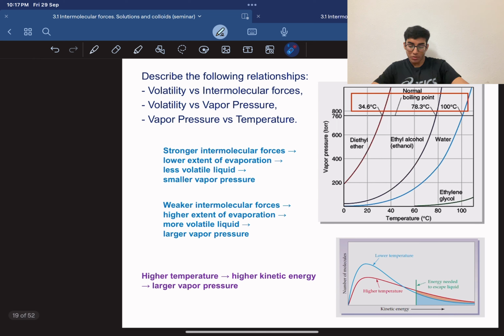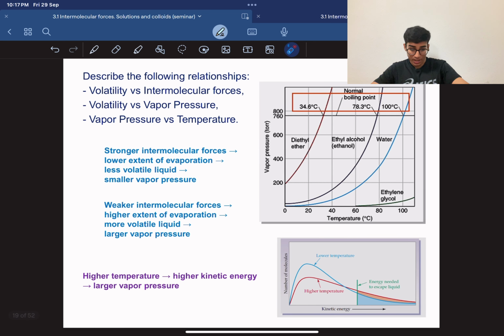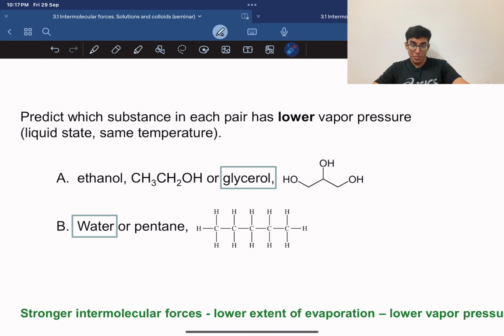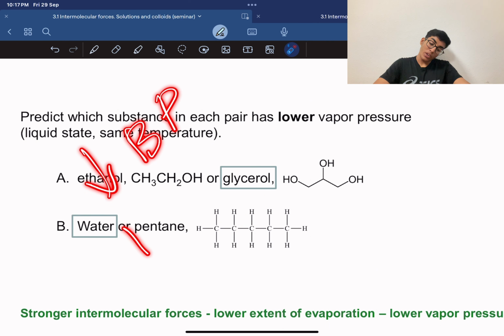Explain the intermolecular forces. Wait, this is Henry's law, so I'm going to explain Henry's law. Question before this: predict which substance has a lower vapor pressure. Vapor pressure means it gets evaporated less. To get evaporated, you need to have a low boiling point. To have a low boiling point, you need to have weak forces.